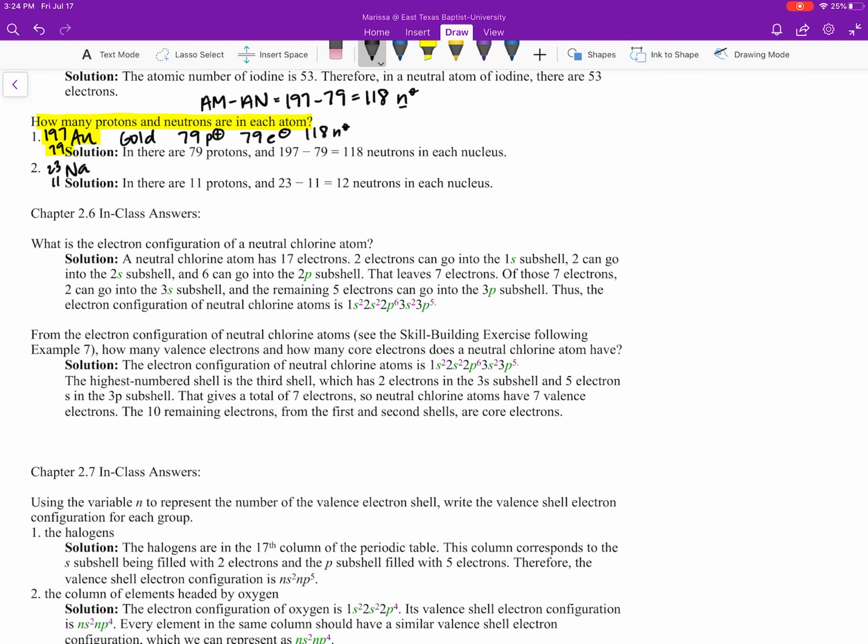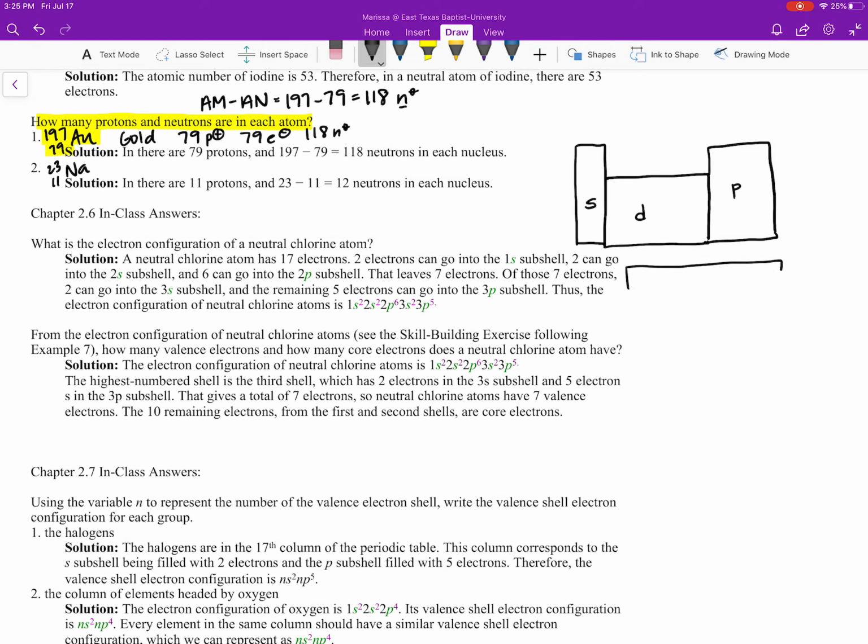So if we remember, we have our periodic table here, and these are our s elements, our d elements, our p elements, and then down here in the bottom with the lanthanides and the actinides, these are going to be our f block elements.